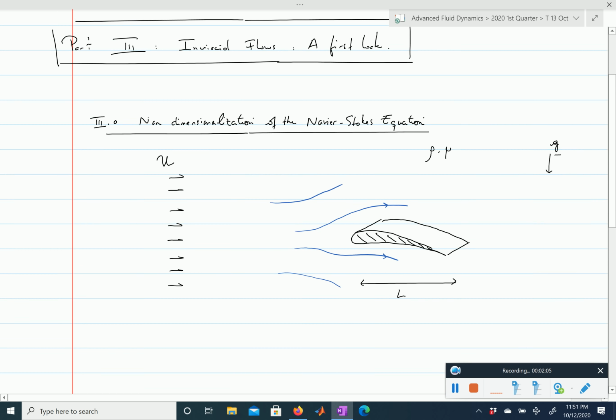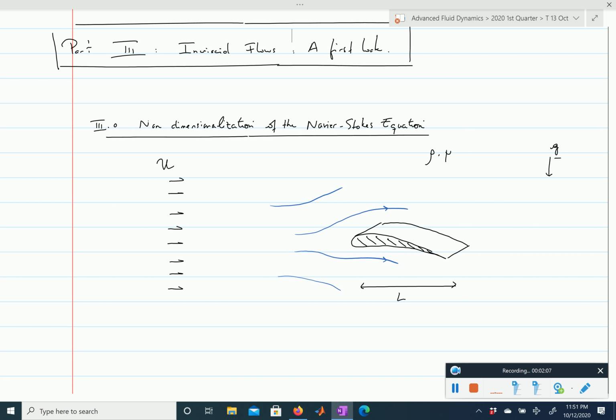Something else that we could have is another time scale. That could be, for instance, if we were interested in the flow in the wake of this airfoil, where you could have shedding, and this shedding happens at a certain period, and so that would give you an additional time scale.